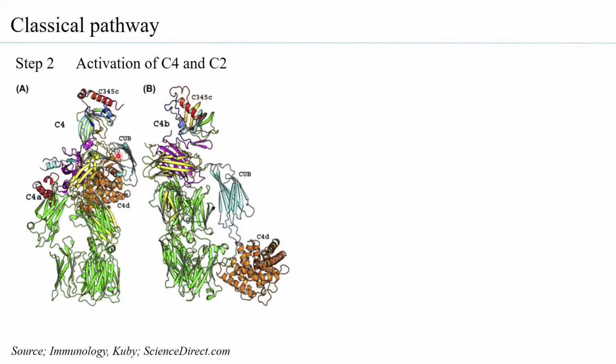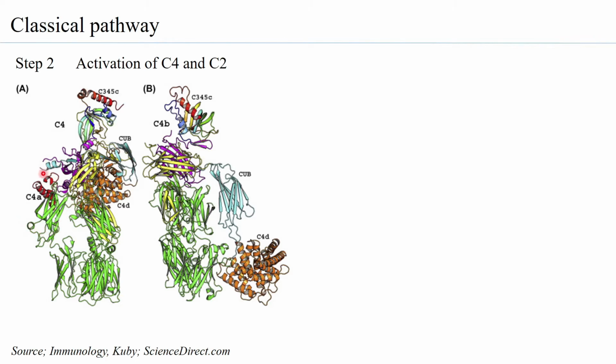Now here is the structure of C4. As we said, the C1s becomes active to become an enzyme, and the C1s is going to cleave the C4 component into C4a. You can see over here C4a, this is the component that is going to be released, cleaved off by the C1s, which has now become a serine protease itself.